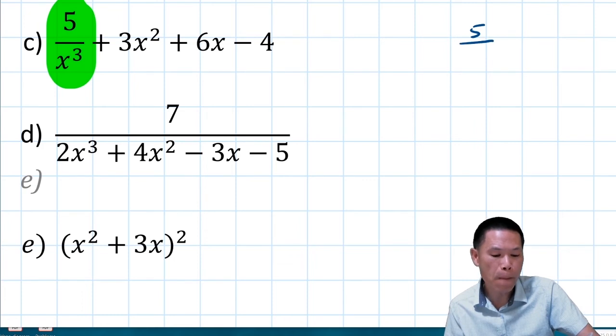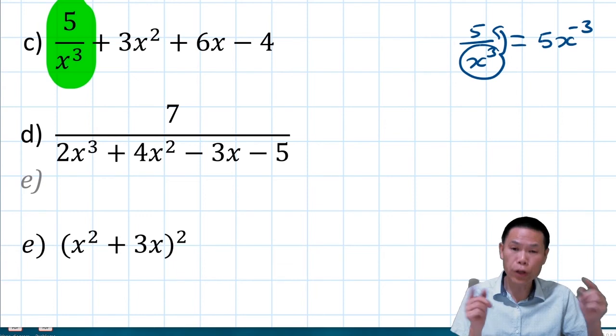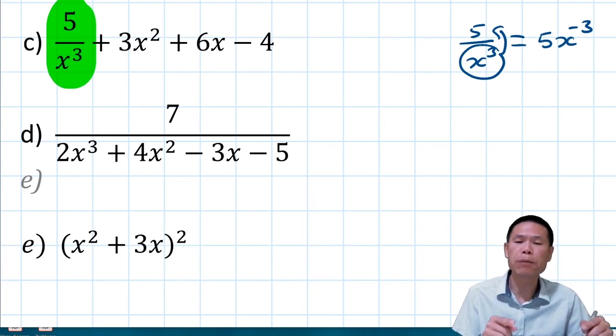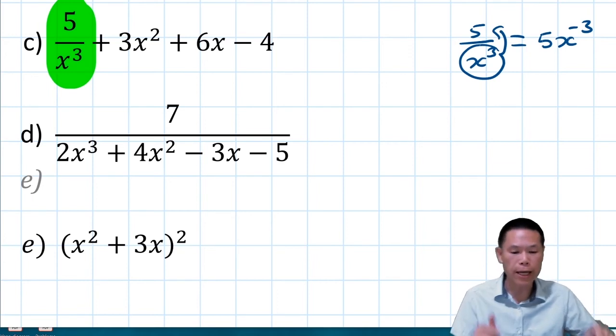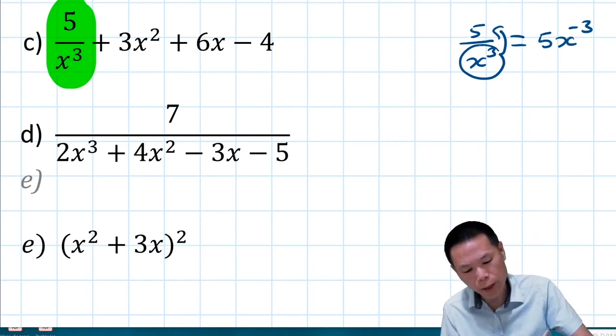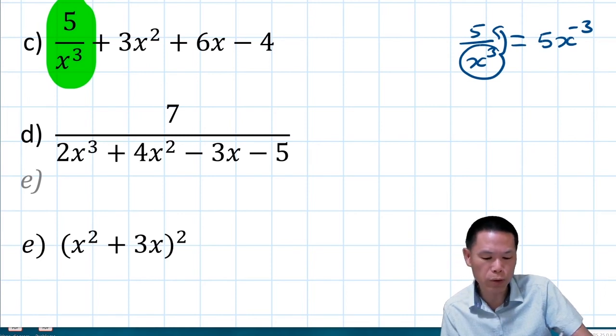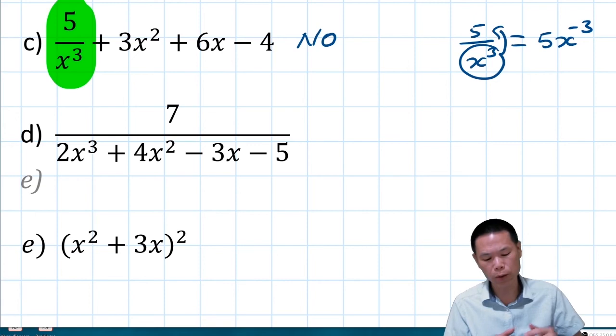If we bring this x to the power 3 up, this will give me 5x to the negative power 3. In a polynomial, x must be to the power of either 0, 1, 2, 3, 4, 5, and so on. Because we have x to the power of negative 3, it is not a polynomial. So I just write no.